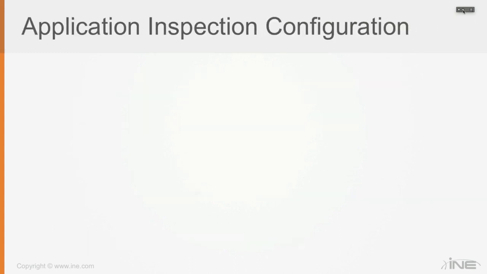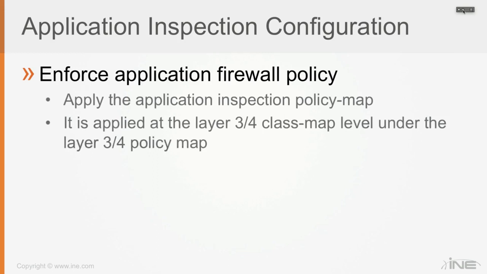So for that reason, we enforce the application firewall policy by applying the application inspection policy map. That application inspection policy map is applied at the layer 3 or 4 class map level, under the layer 3 or 4 policy map. It's going to make sense when we get there.